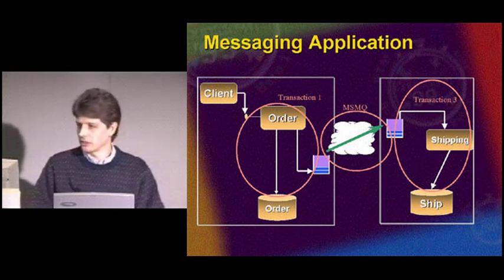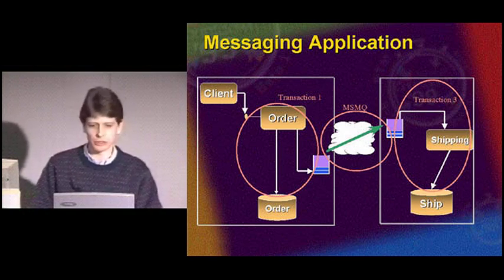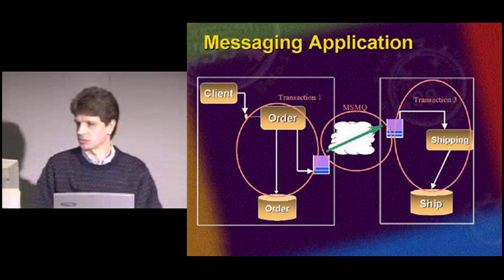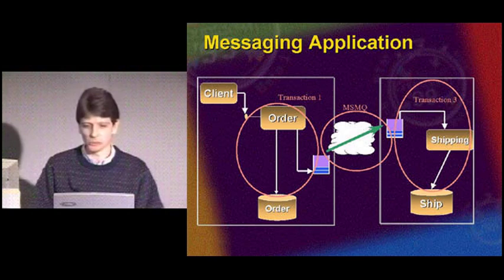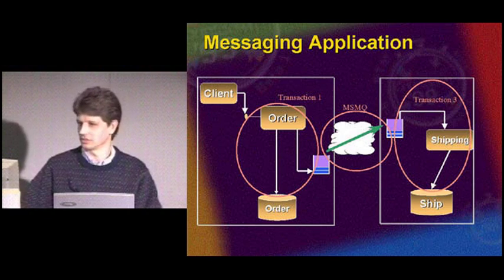The message can then be taken off the queue at the server end by a shipping object. That shipping object can take the message off the queue and update its shipping database, and that's done as a single transaction again.